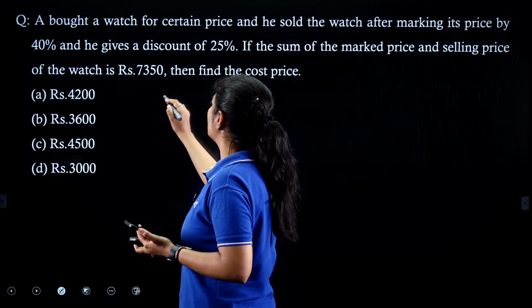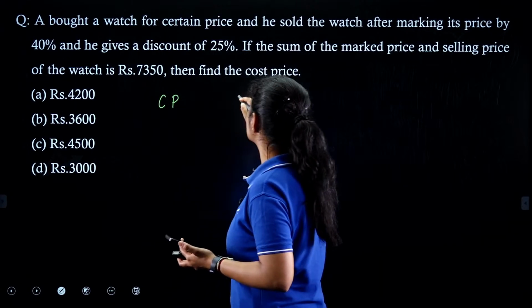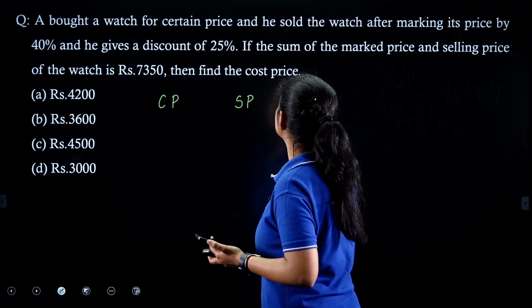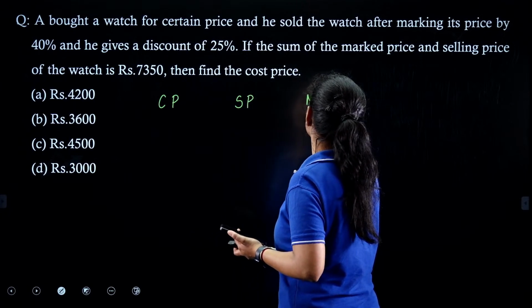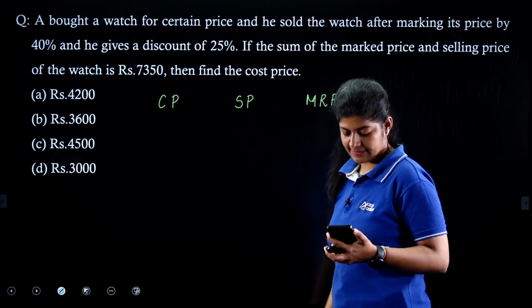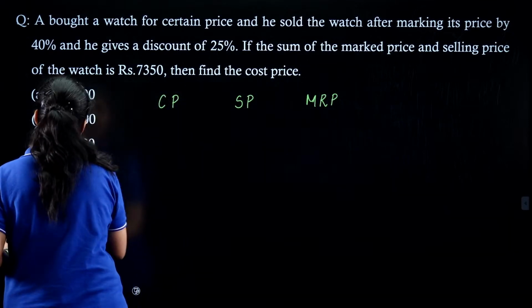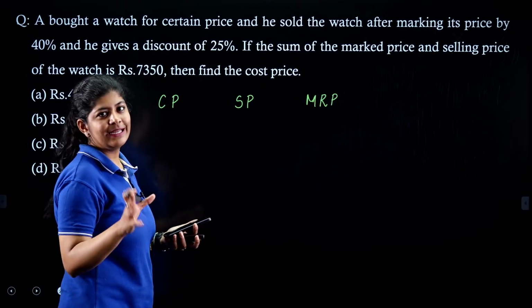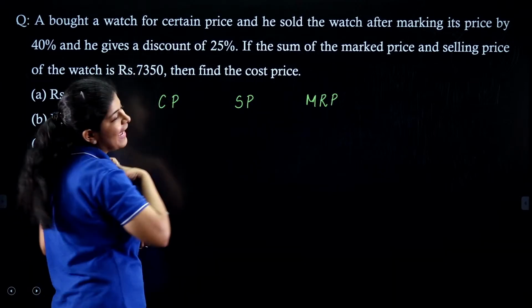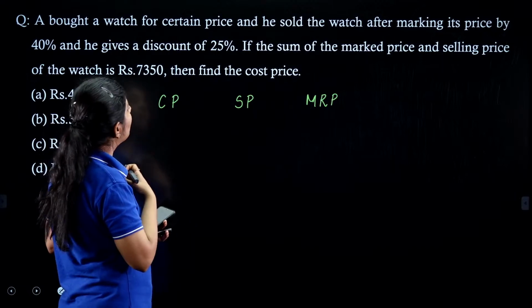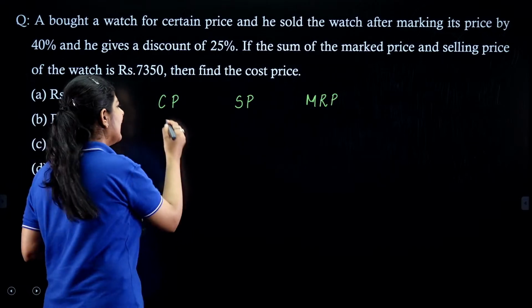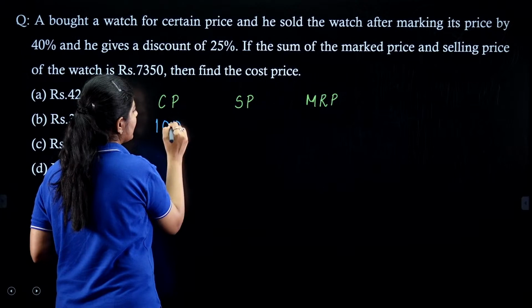So here, as I told you, we need to take care of three things: the cost price, the selling price and the MRP, or the marked price, right? Okay, very good, Ragla. The watch that I bought, I am assuming, I bought it for 100 rupees, right?